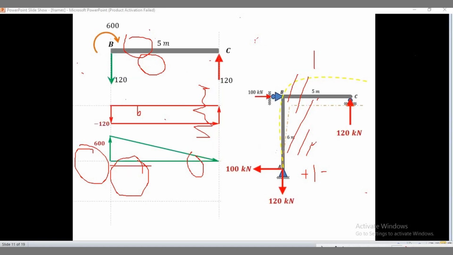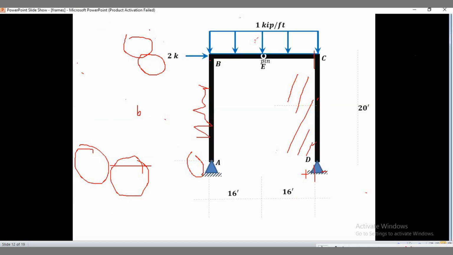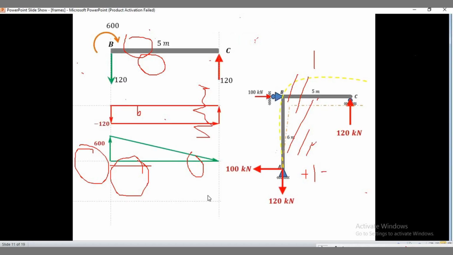Next, punta naman tayo kay member, ano member na to? PC. So, ganyan yung magiging itsura ng aking shear and moment.